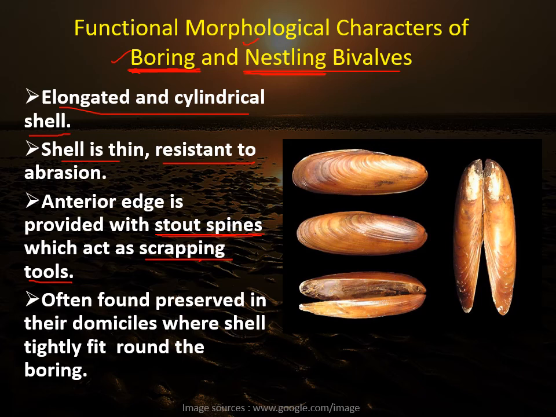To prevent this, the shell material or crystal structure of the bivalve is such that it can resist abrasion. The anterior edge has some stout spines which act as a scraping tool, with the help of some acid secretion into the hard substrate, and by that they make their passage.